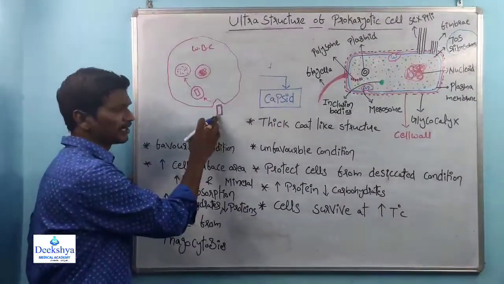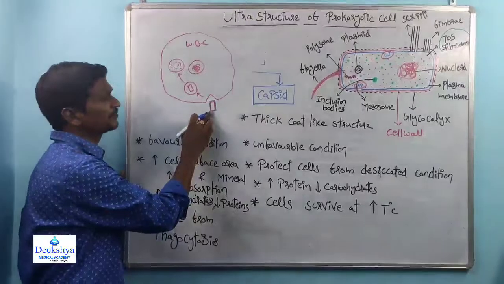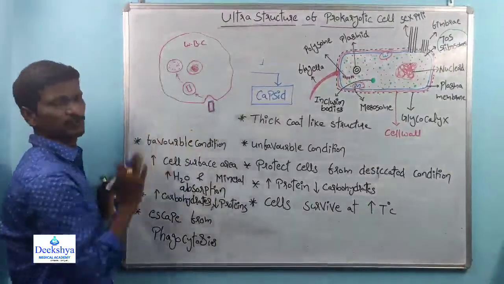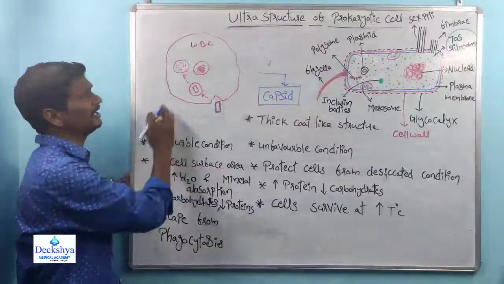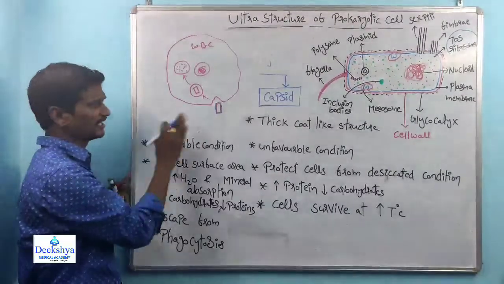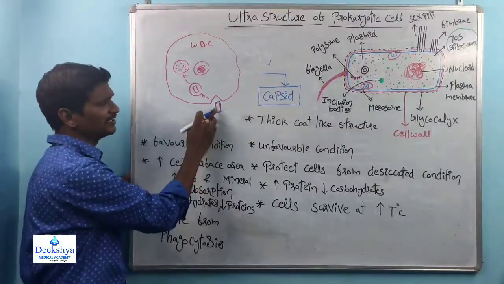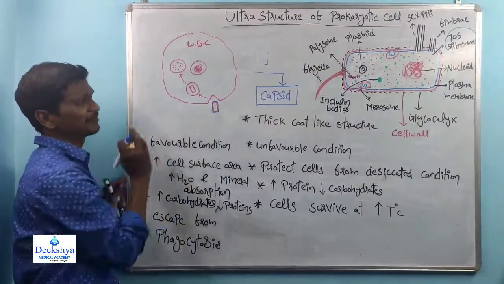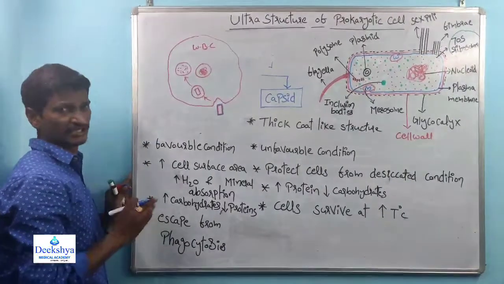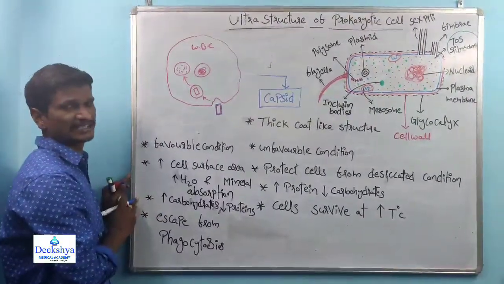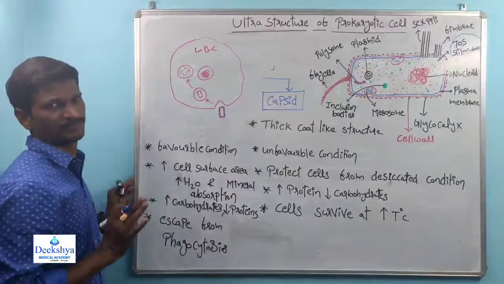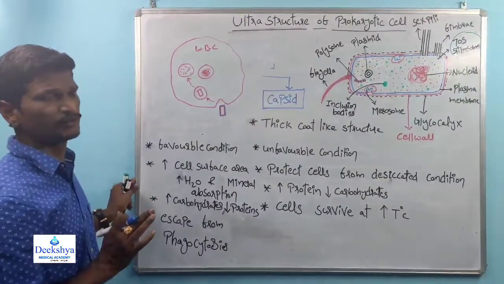So the bacteria cells escape the phagocytosis process. Phagocytosis is nothing but destruction of bacterial cells by white blood cells. In the presence of the slimy layer, the bacterial cells escape our immune system.